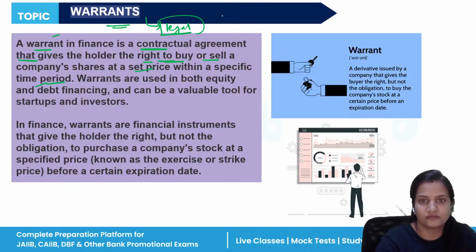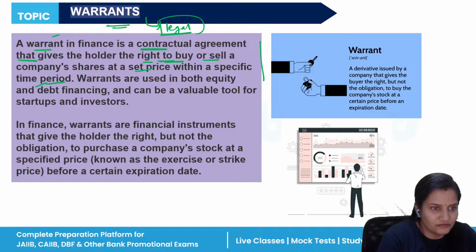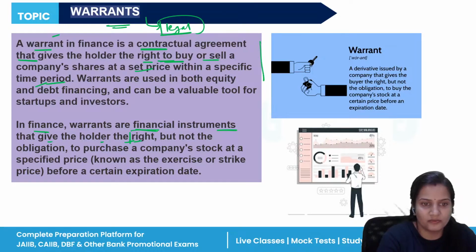Basically, those who are very new to the business, those who have their own startups, and the new investors, it is important for them as well. In finance, warrants are financial instruments that give the holder the right to sell or purchase, but not the obligation. Means it is not mandatory for them.